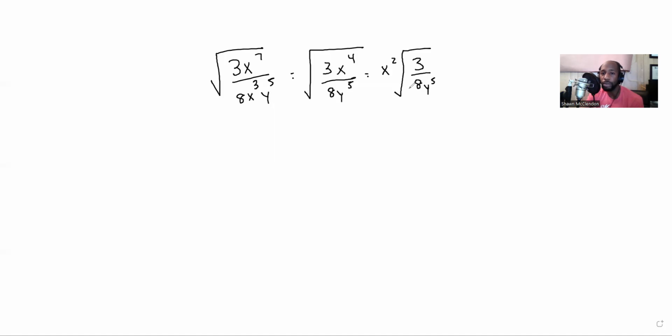Now let's go ahead and apply some quotient rule here. So this becomes x squared on the outside, then you have the square root of 3 all over the square root of 8y to the 5th power. Now we're going to do some product rule down here to break it up to see what we can actually pull from underneath that square root.